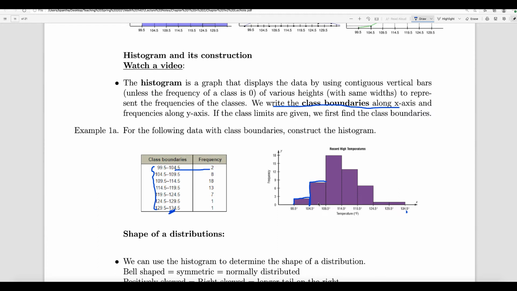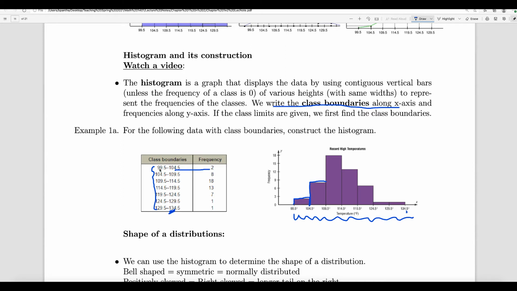One of the main features, a very important thing about drawing a histogram, is that you need to have class boundaries. If class limits are given, you need to first find the class boundaries, using the method we used in the last video, and then mark the class boundaries along the x-axis. Do not repeat.